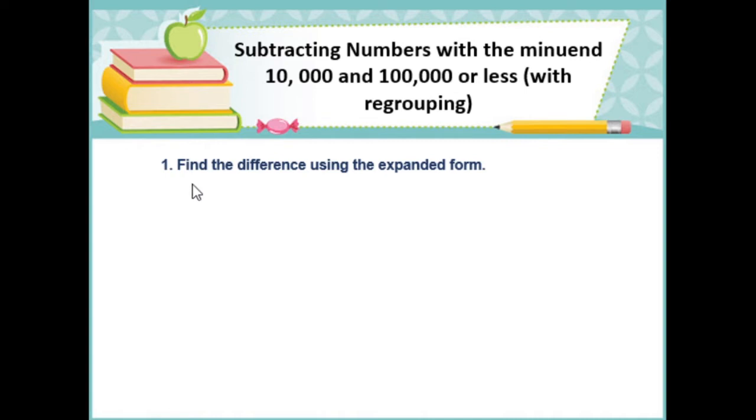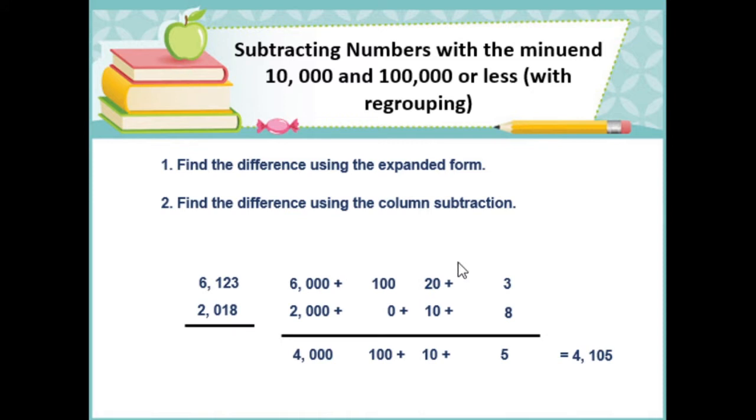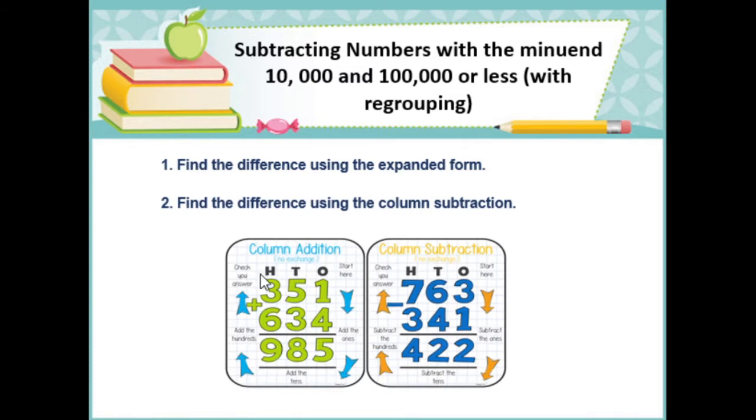And number 2 is to find the difference using the column subtraction. Expanded form looks like this, while column subtraction looks like this. These are two ways that you can find out the difference.